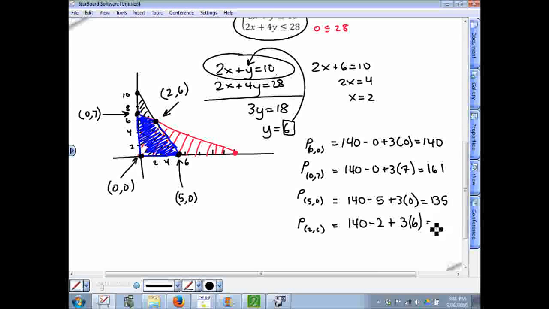This is 158 minus 2, which is 156. So the largest value of p is right here, 161. The point at which that occurs is 0 comma 7. So the conclusion here is that 0 comma 7 maximizes the objective function.